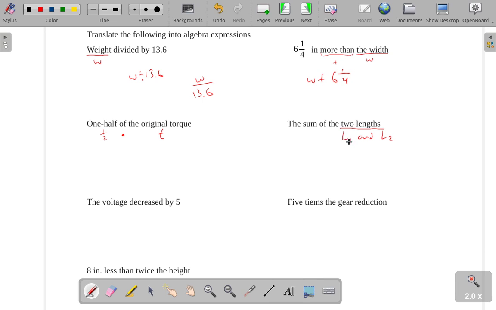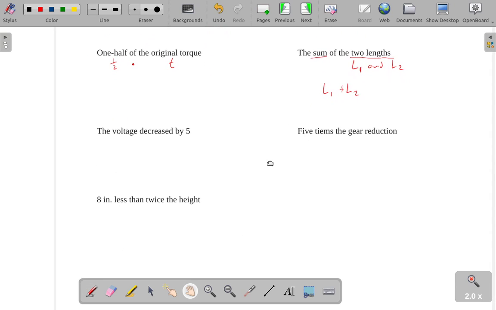So L sub 1, this is a subscript because it's written smaller and just to the right of the letter, and we generally just call it L1 and L2. These would refer to two separate variables. L1 would be the length of the first object, L2 would be the length of the second object. If you're talking about the sum of these numbers, then you want to do L1 plus L2. Of course, if there's better choices for the variables given the rest of the problem, you'd want to use those instead.